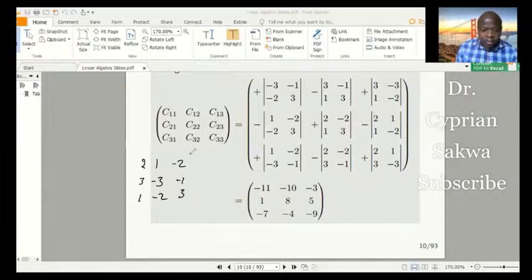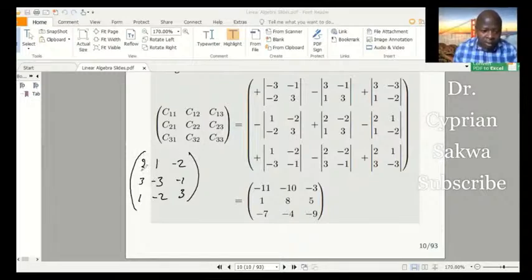This is the matrix, and we want to get the cofactor matrix. We go for this first element here. Remember the signs alternate: positive, negative, positive, negative, positive, negative, positive, negative, positive. We already talked about that.